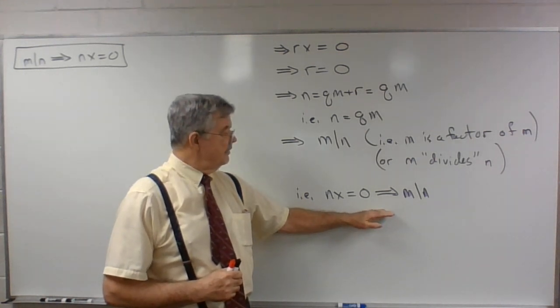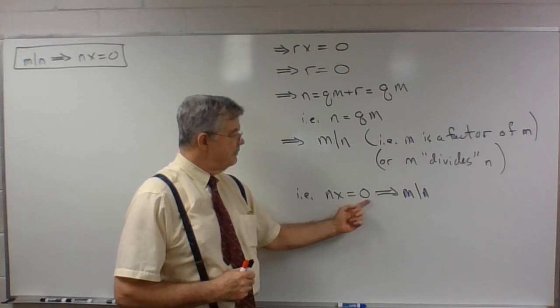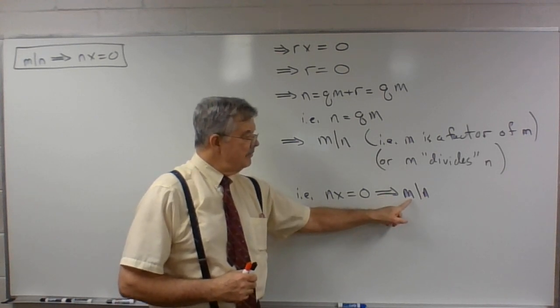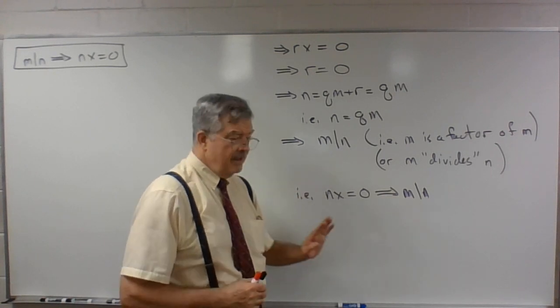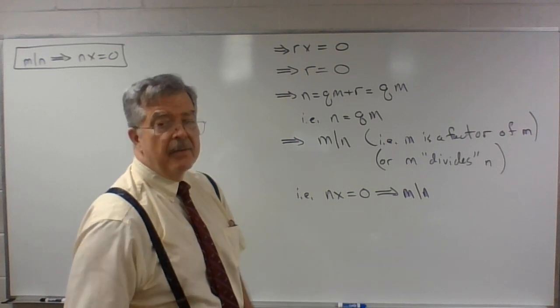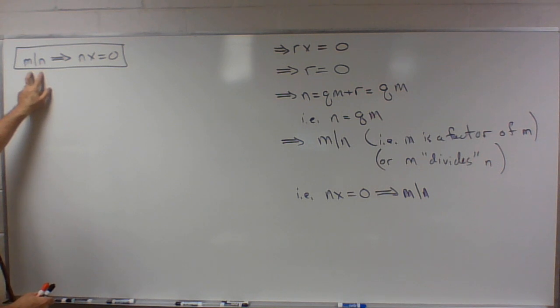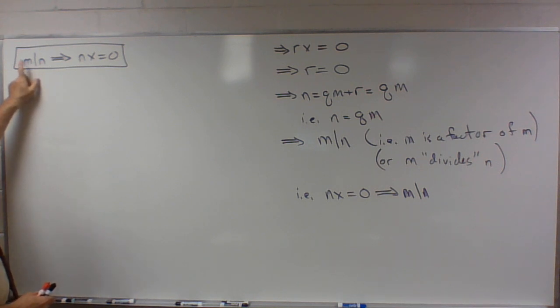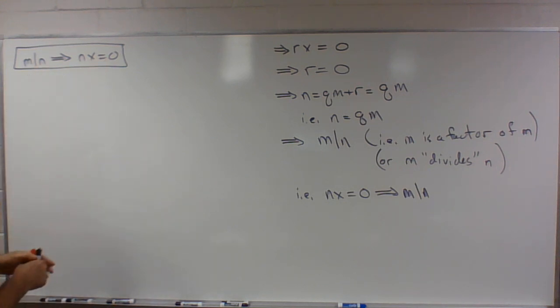What we had shown is that if n is an integer and nx equals 0, then m, the order of the element x, divides n. Now we're going to show the converse. If m divides n, and remember, m is the order of the element x, then nx equals 0.